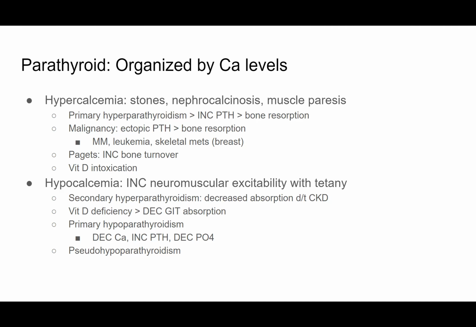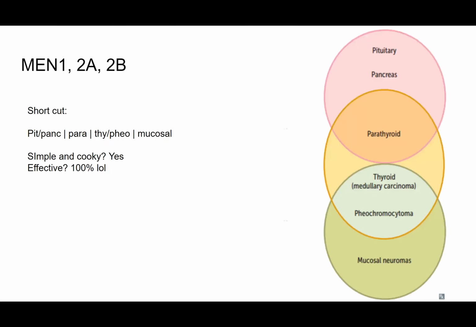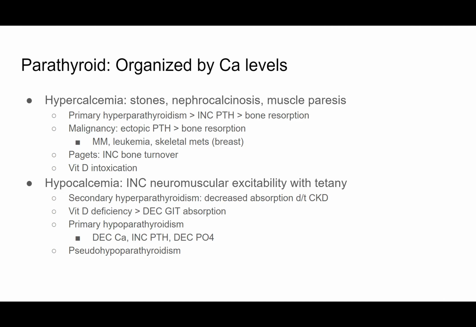Remember, this is decreased absorption due to chronic kidney disease or vitamin D deficiency, so you don't get the absorption. Also primary hypoparathyroidism, and then pseudohypoparathyroidism. The big thing here is to be able to know the labs, and then be able to diagnose if you need to.